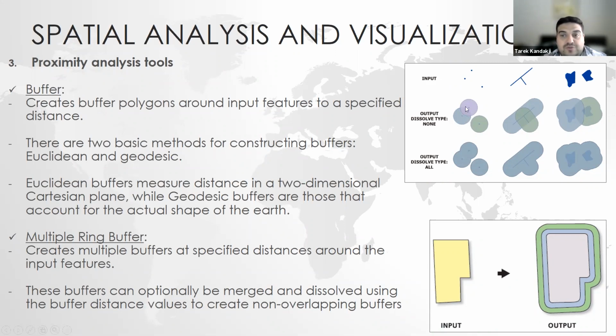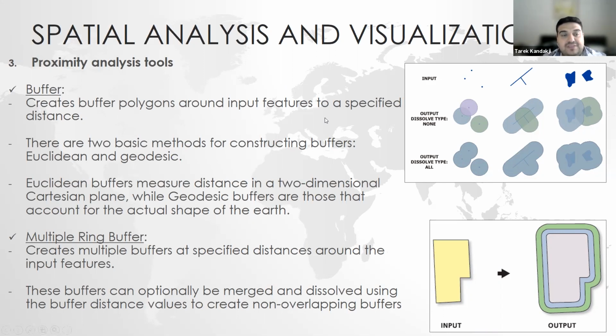You just want to show the border for each point, or each line, even though they are overlapping. So you set the dissolve type to none. But if you want something more convenient and you just want to remove the overlap and merge all the buffers that are overlapping together, then you set the dissolve type to all. And this is how it looks.